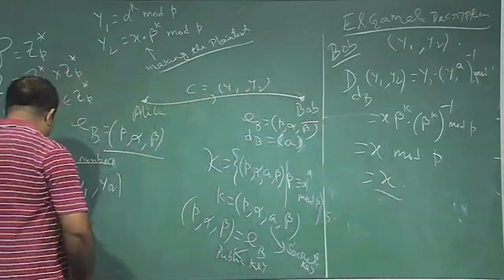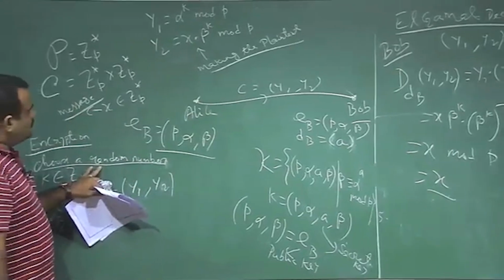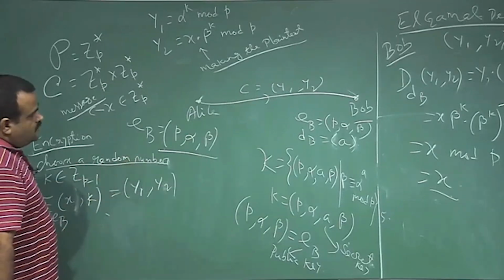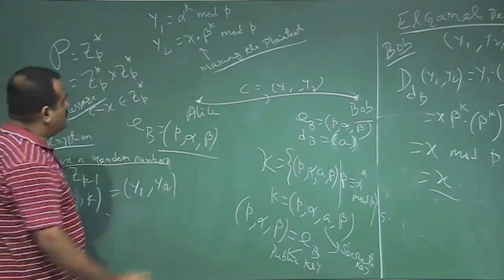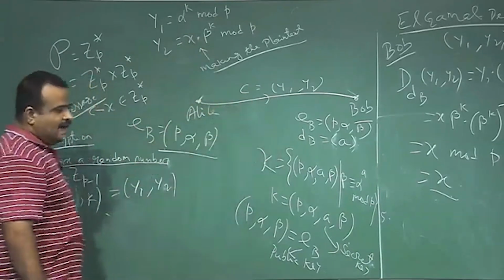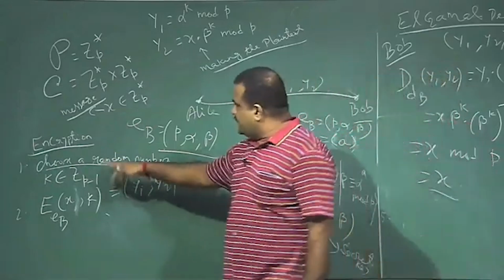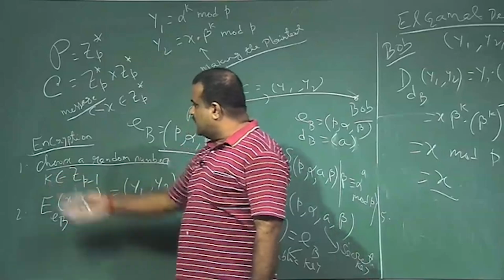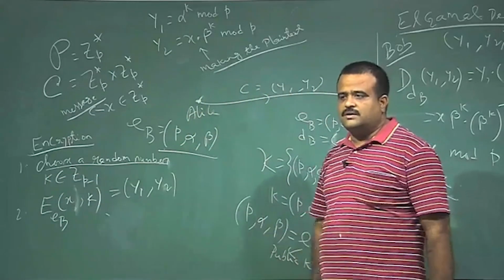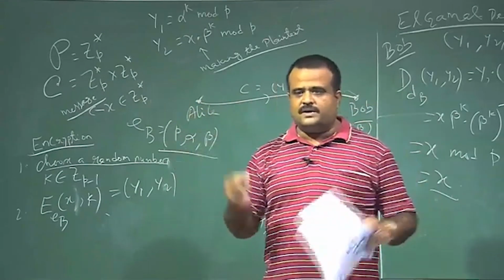Now without knowing the k, without knowing this extra randomness in the ciphertext given by Alice, Bob is able to unmask this this way. This is the beauty of this cipher. This encryption is not a deterministic algorithm, because we have this random k. For a given message, the ciphertext is not unique, because random k is involved.